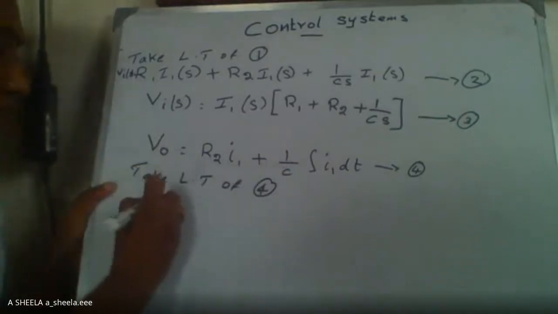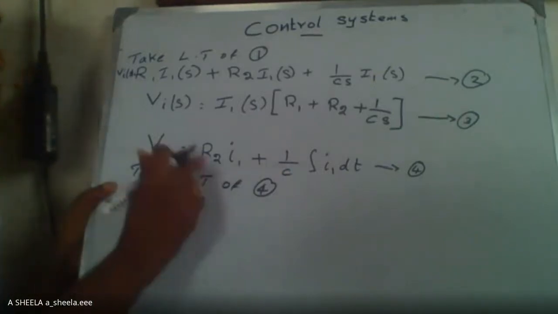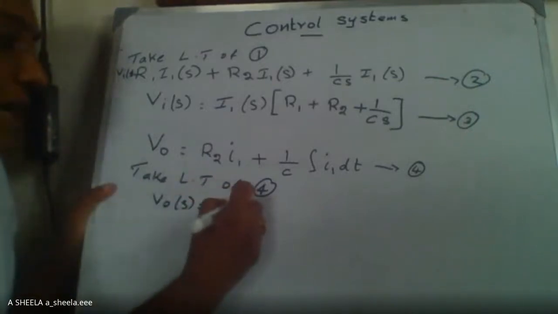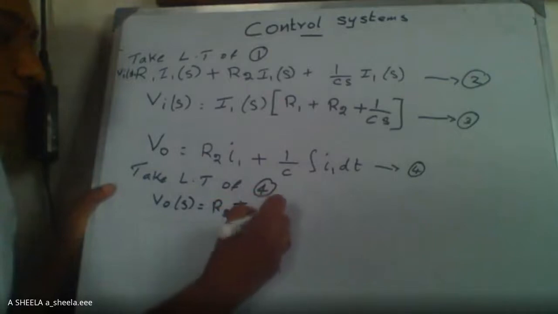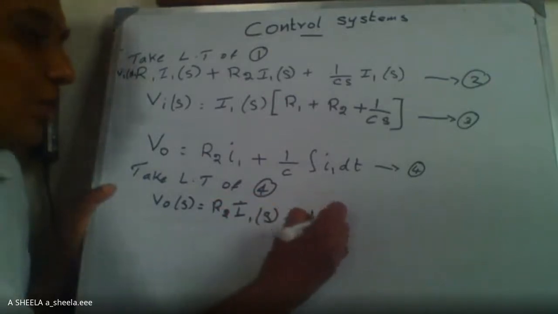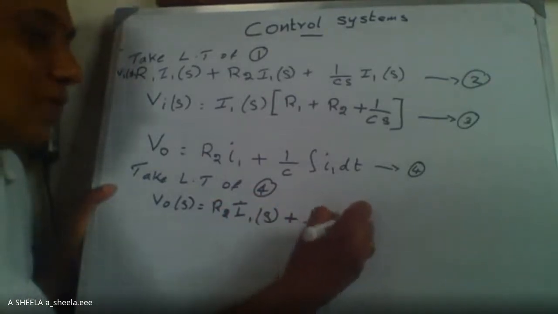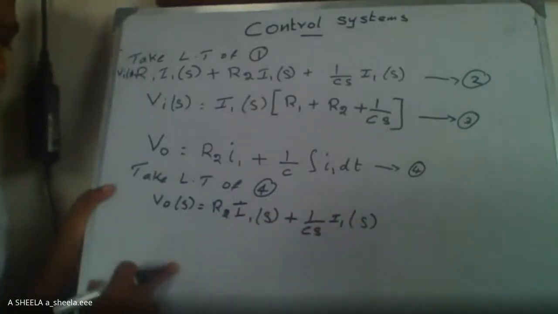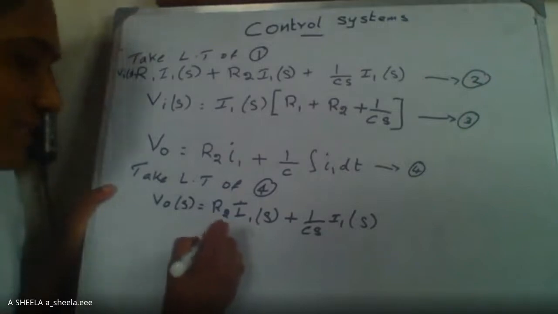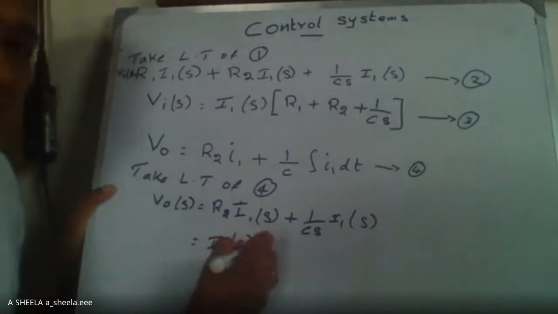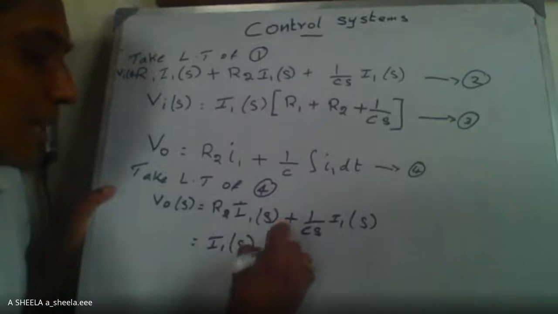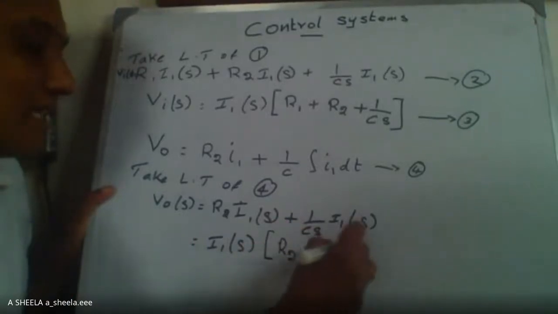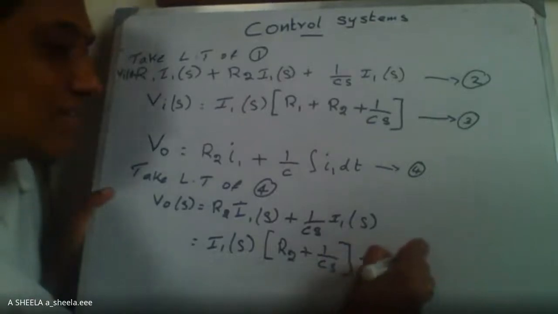V naught of S is equal to R2 into I1 of S plus 1 by CS I1 of S. Since I1 of S is common in both terms, within brackets it should be R2 plus 1 by CS. Number this equation as 5.